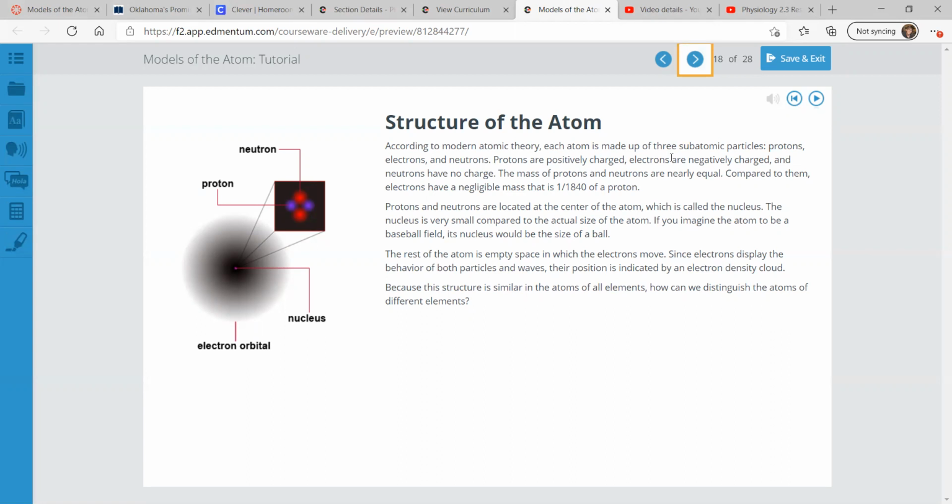The nucleus is very small compared to the actual size of the atom. If you imagine the atom to be a baseball field, the nucleus would be the size of a ball. The rest of the atom is empty space in which the electrons move. Since electrons display the behavior of both particles and waves, their position is indicated by an electron density cloud.